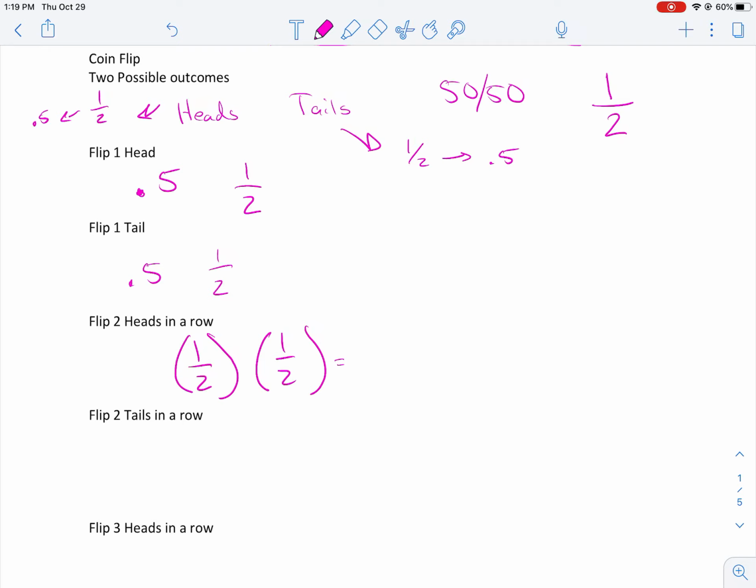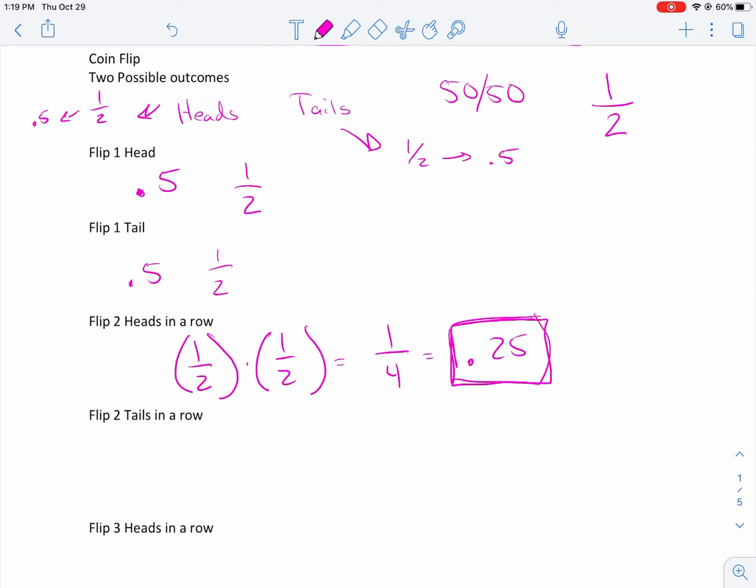And when I multiply these together, I get 1/4 or 0.25. So the chance of flipping a coin and getting two heads in a row is 0.25. We found that by multiplying our two probabilities.